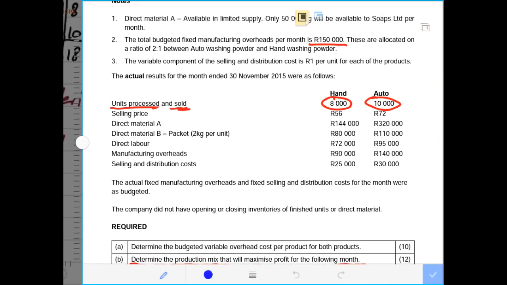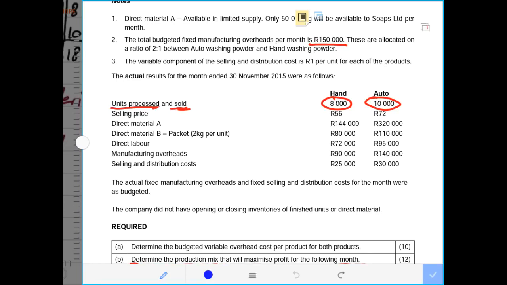Under the actual, I have 2 kgs per unit and I have 80,000. So for them to get to the 80,000, they would have said 2 kgs times the price per kg, and that gave them 80,000.